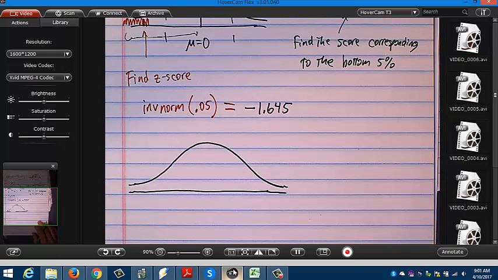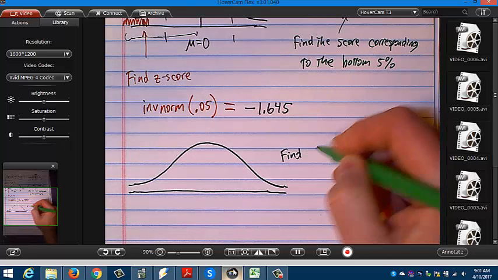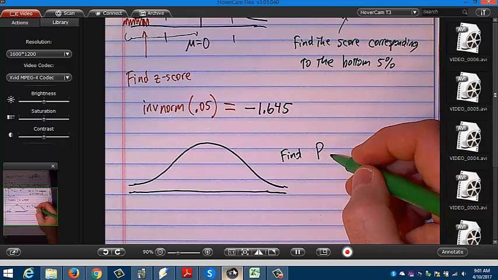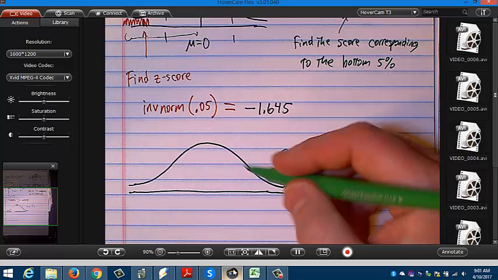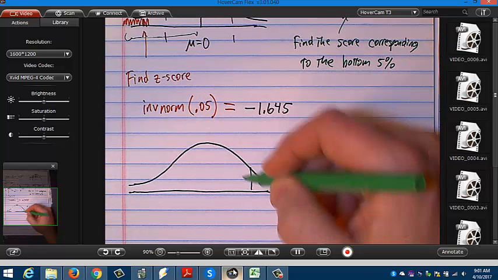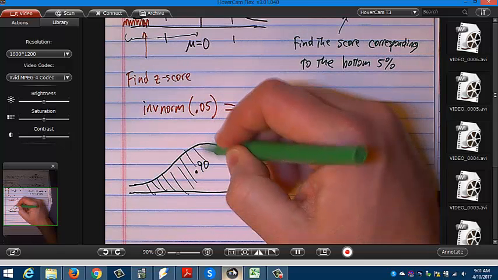And what I want to do this time is find the 90th percentile. So let's draw the picture of what that looks like, guys. When we say find the 90th percentile, the picture is this. We want 90% of the area to be here.